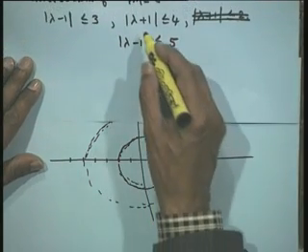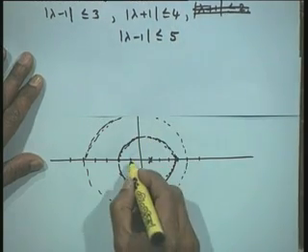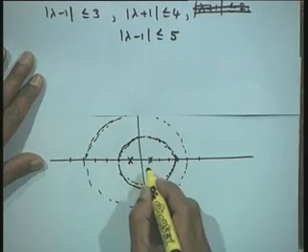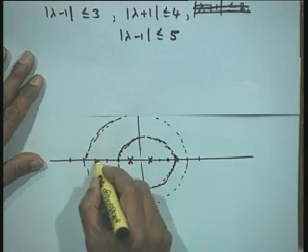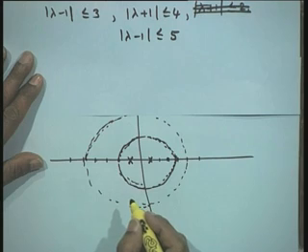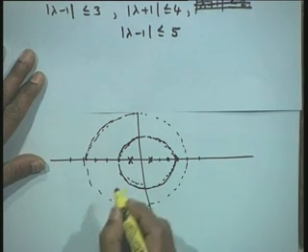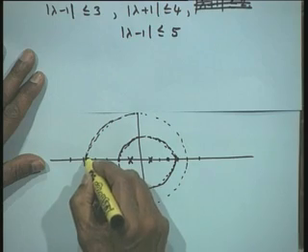Then I have a circle with center at minus 1, 0 and radius 4. So, the center is at this and it passes through this and this. So, I draw this diagram again.